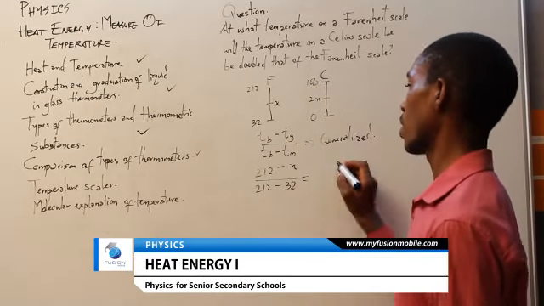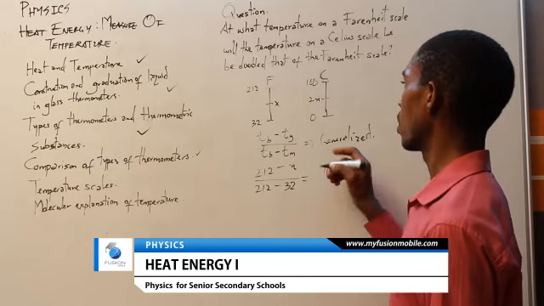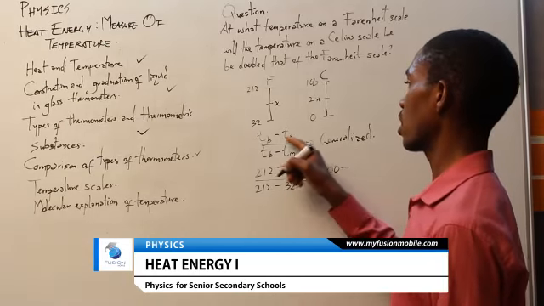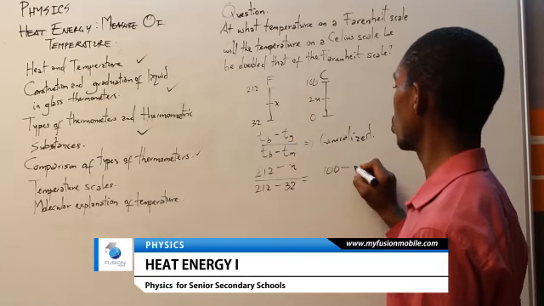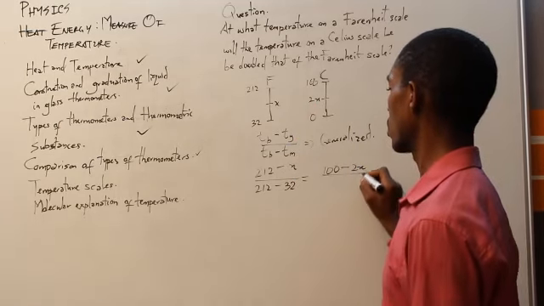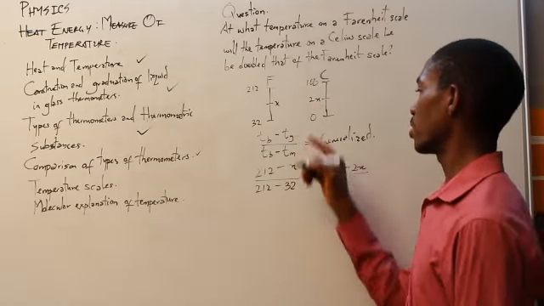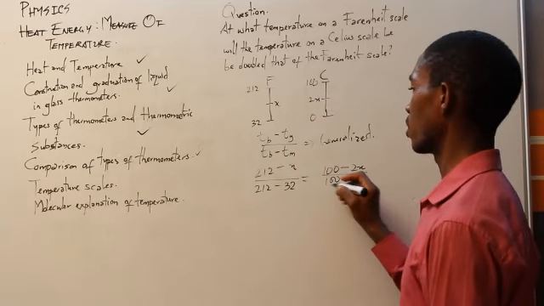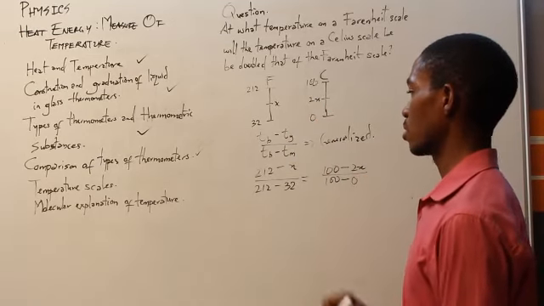T at boiling is my 100 here, minus T given, here I have 2X, divided by T at boiling again, which is 100, minus T at melting, which is 0.